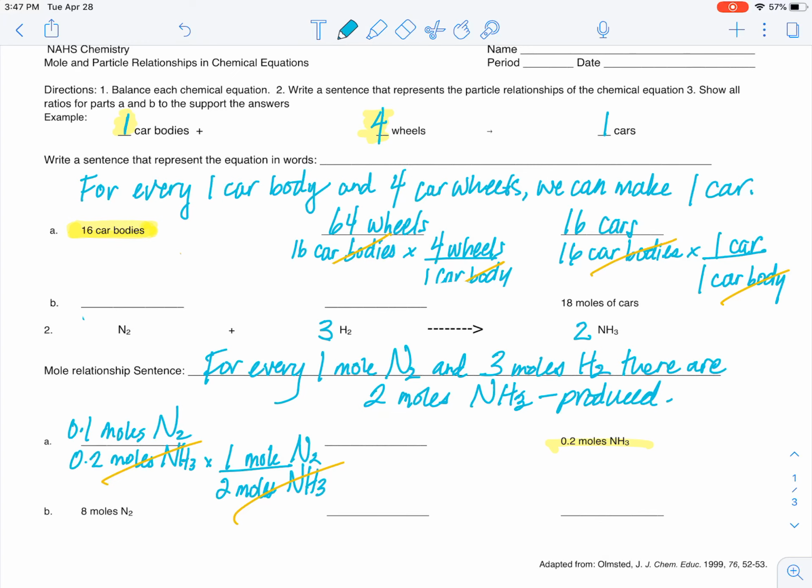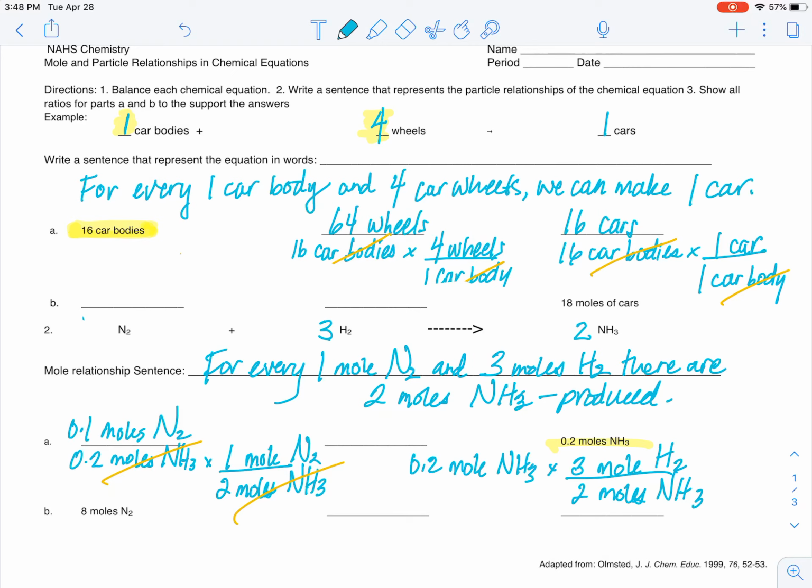And we're going to do the same thing, start with the same given for hydrogen. So we have our 0.2 moles of NH3 or ammonia as our given. And we're going to convert from moles of ammonia to moles of hydrogen, which is now a 3-to-2 ratio based on the coefficients in that balanced chemical equation.